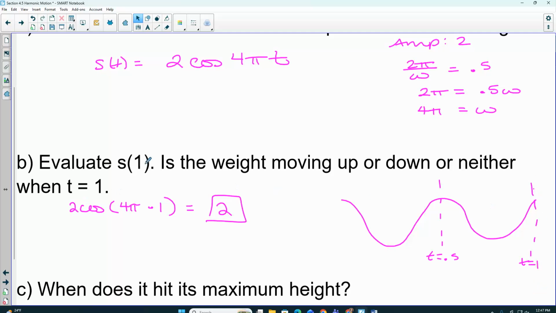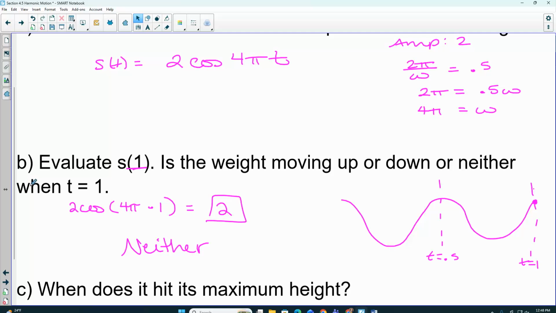So we wanted to know at 1 second what's happening. Well, at 1 second, is it going up, down, or neither? Neither. We went up and we're getting ready to come back down, but at the moment, I'm neither one, right? I'm just at the top. Okay, and we know that then just from that little picture that I drew. We knew it repeated every half a second, so after 1 second, we're at the top of our peak. We're ready to begin the next cycle, but we haven't done it yet.